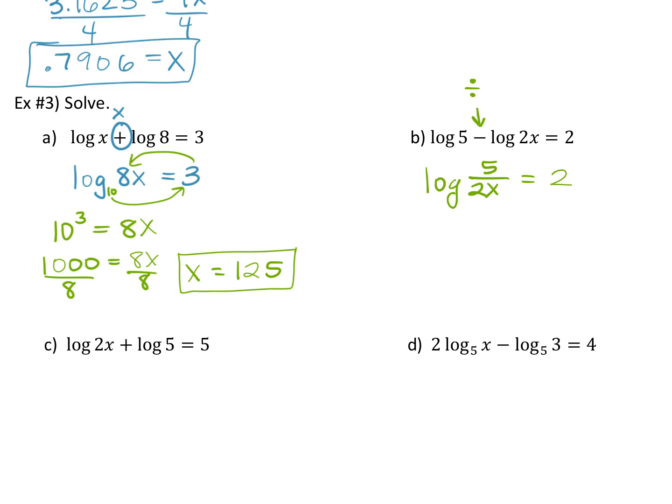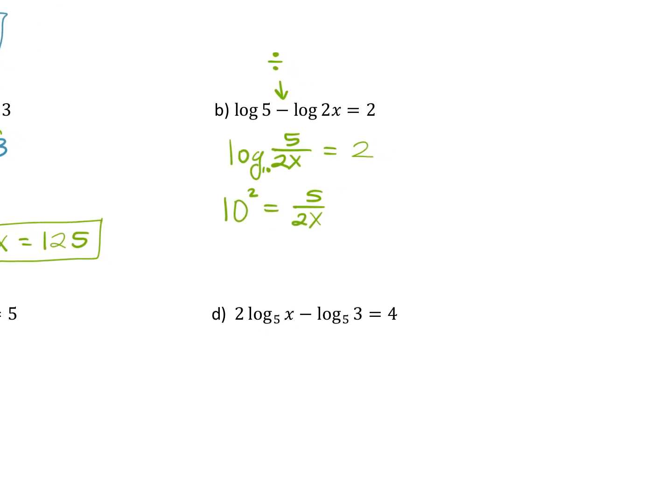Zach. Oh, you're trying to get the 5 out of there. We're going to set it up exponentially first, and then eventually we'll do a little bit more of the rearranging like that. What's your exponential form from here? Squared equals 5 over 2. 10 squared, 10 to the second power, right? Here's your 10 to the second power equals 5 over 2x.